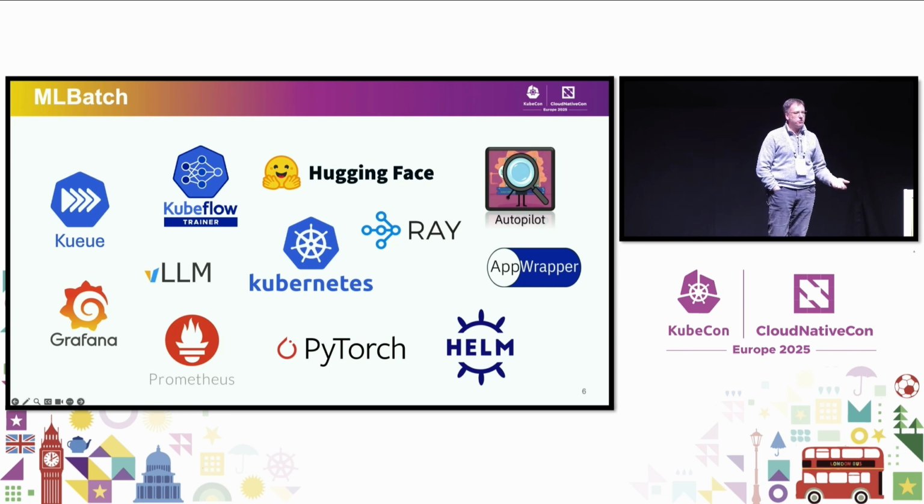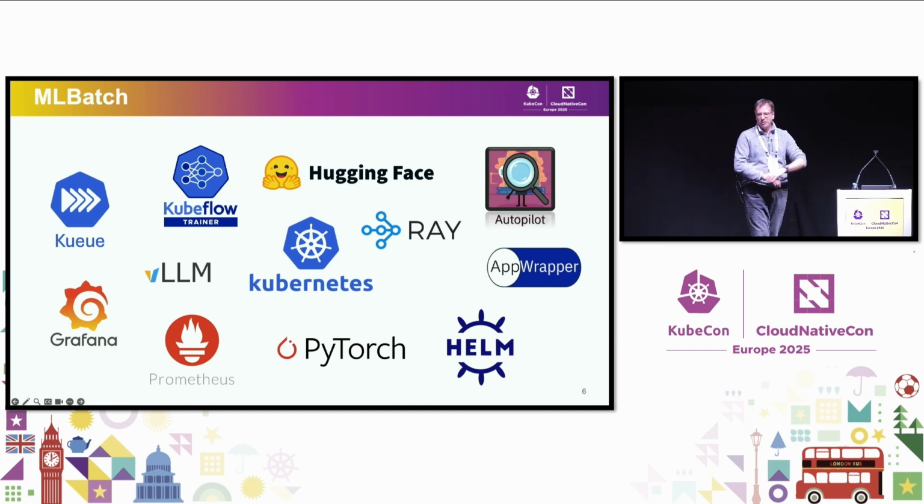Any other choice would require a lot more work to get to a platform. That means not only do we have Kubernetes, we have projects in the Kubernetes community like Kueue, but if you take something like PyTorch, which has nothing to do with Kubernetes in the first place, we do get things like Kubeflow Trainer that the Kubeflow community has developed so that we can easily run PyTorch on Kubernetes.